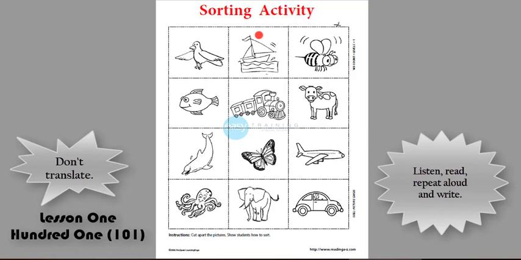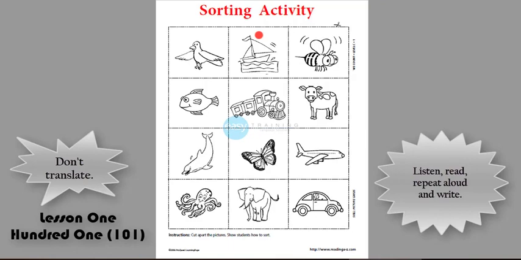But in both groups, there are animals that move in the air and transport that move in the air. Animals that move on the ground and transport that moves on the ground. Animals that move in water and transport that moves in water.